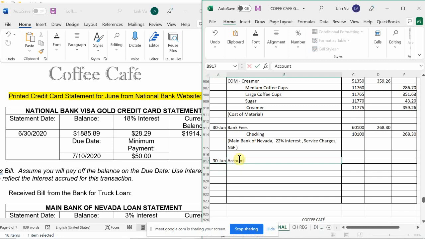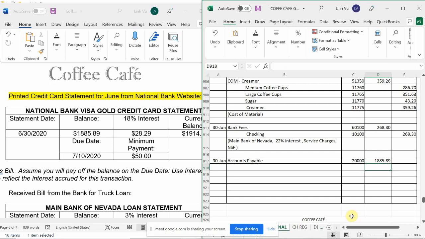Good, excellent. Now, how much is going to go to accounts payable? $1,885.89. Excellent, because in this case, that's correct. $1,885.89 is what I owe on the credit card.